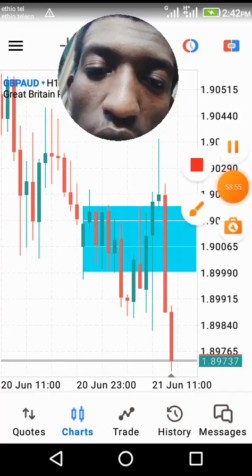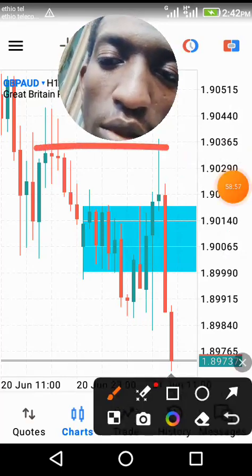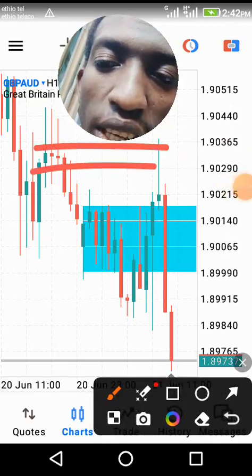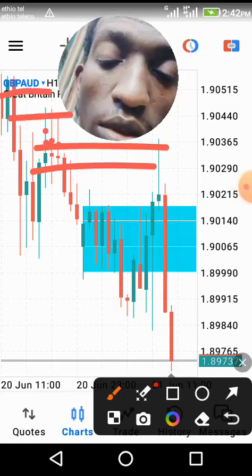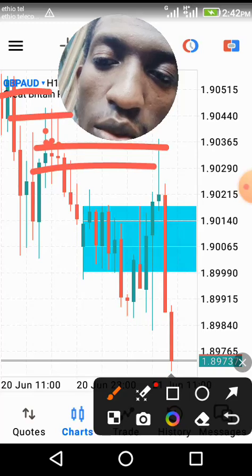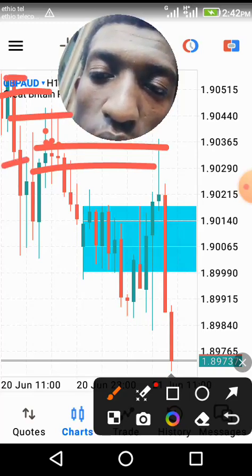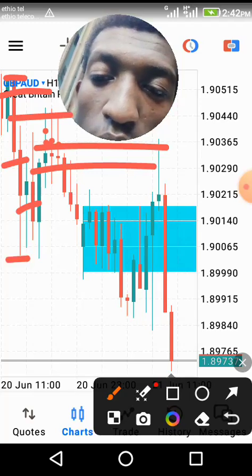So the price really reacted off of this black box. This black box itself reacted off of this black box. I will not sell that one because look, TP1, TP2 is most likely hit.